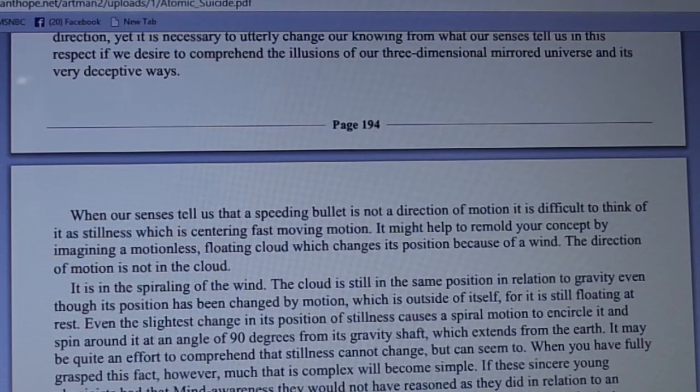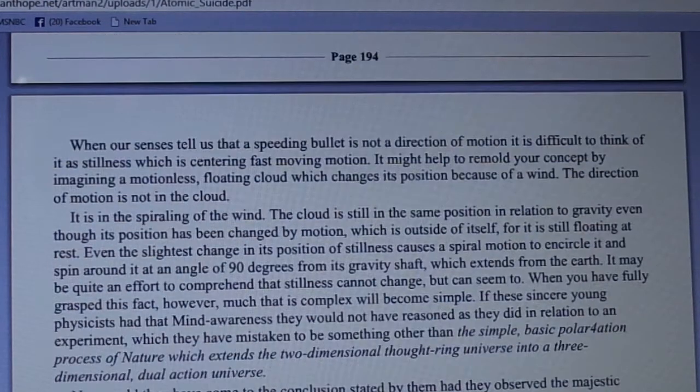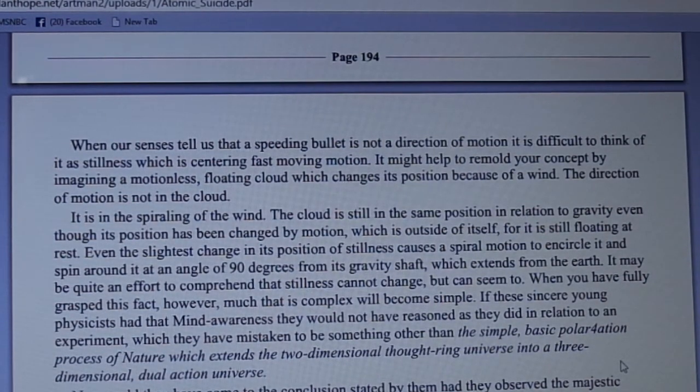If these sincere young physicists had that mind awareness, they would not have reasoned as they did in relation to an experiment which they have mistaken to be something other than the simple, basic polarization process of nature, which extends the 2-dimensional thought ring universe into a 3-dimensional dual action universe.